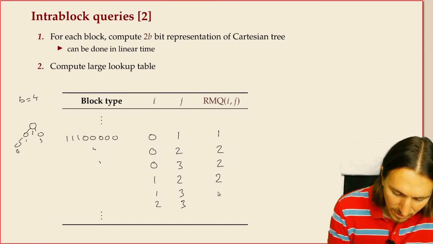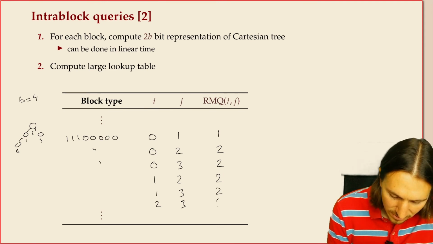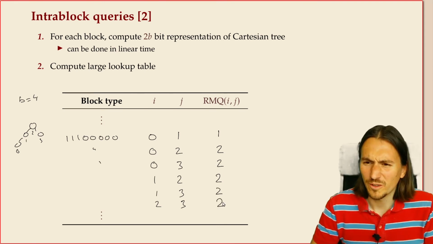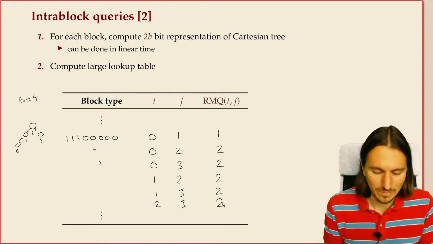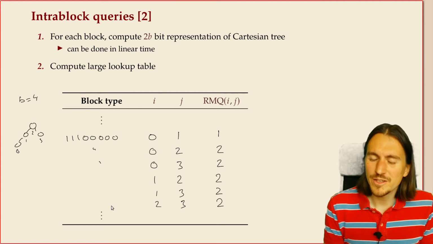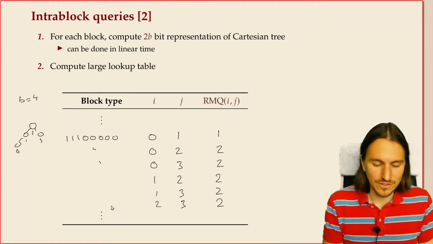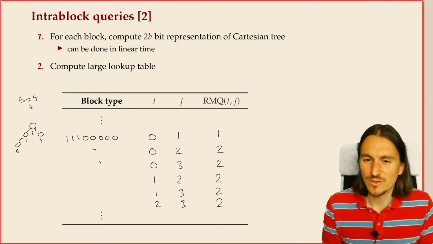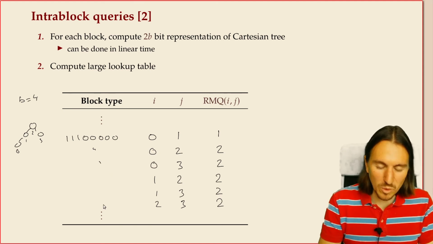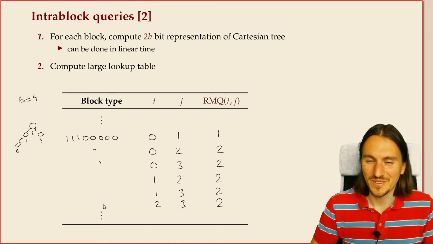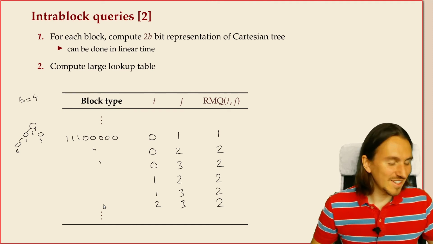Whenever 2 is contained, it's the answer. So it's 2 in almost all cases. That's a fairly boring little example, but that's how it works. And you fill this table for all possible trees of B nodes. You just pre-compute them all and store this in one giant array. Okay.